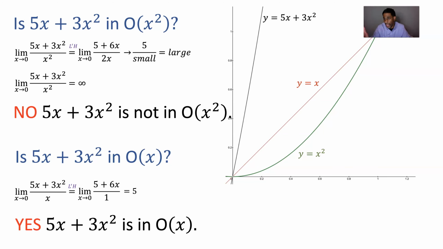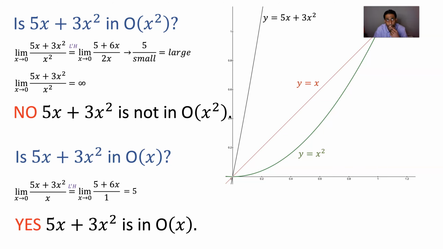Basically, the rate at which y equals x approaches 0 is 1/5 of the rate at which y equals 5x plus 3x squared is approaching 0, that constant there. The 5x plus 3x squared is approaching 0 at a rate 5 times as much as y equals x approaching 0. And so because of that, then we can say, yes, it's in big O of x.